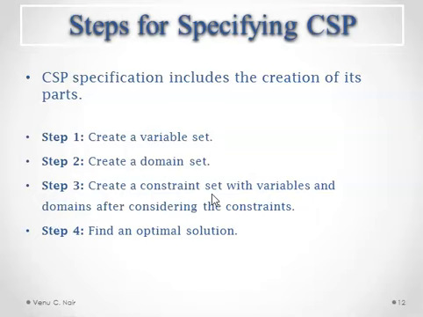So the steps are: create the variable set, create a domain for each of the variables which are declared in the variable set, and create the constraint set with variables and domains. These are the three steps required for creating a CSP. And with these three steps, we have to find an optimal solution.